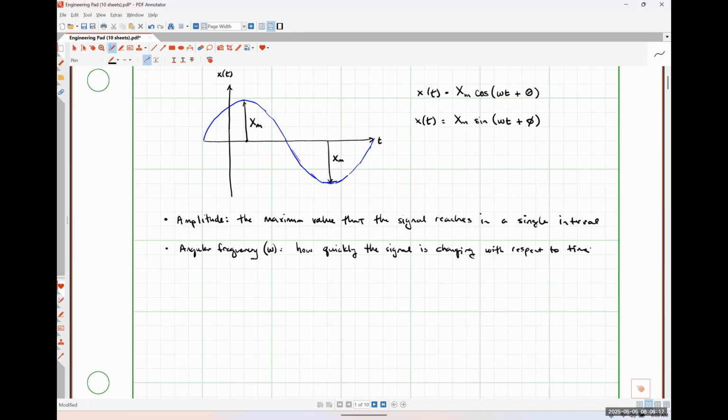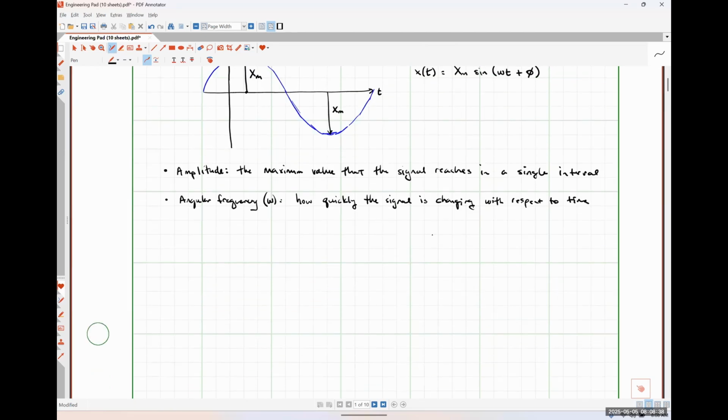So it represents the speed of our sinusoidal oscillations. Now, this isn't something that we can directly measure from our graph, but it is something that we can get from things that we can directly measure from our graph.